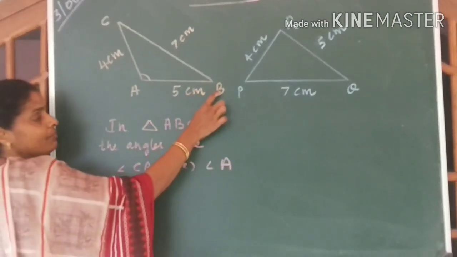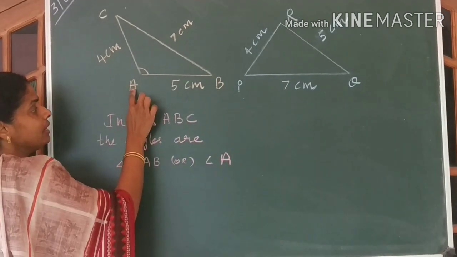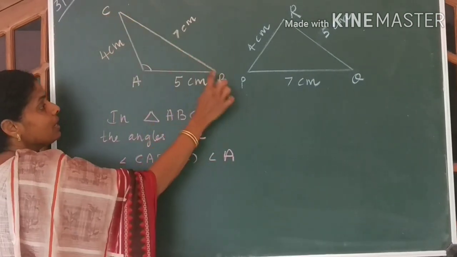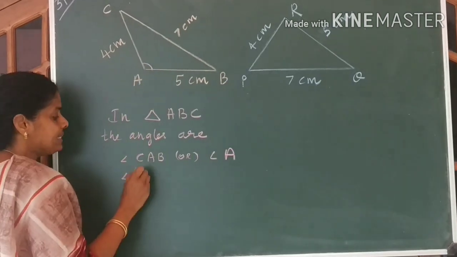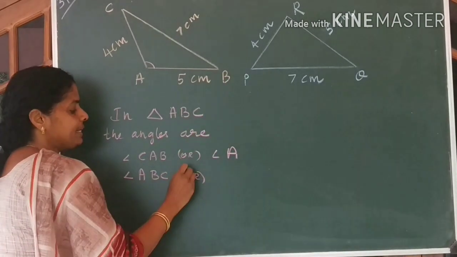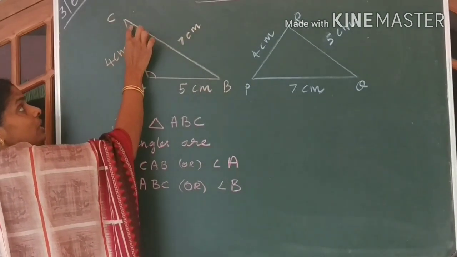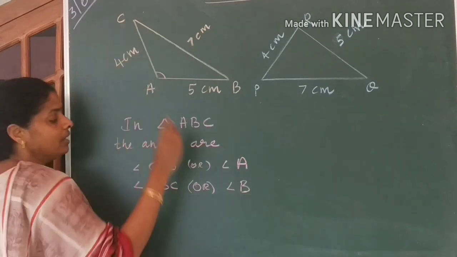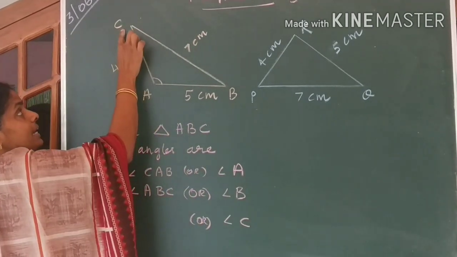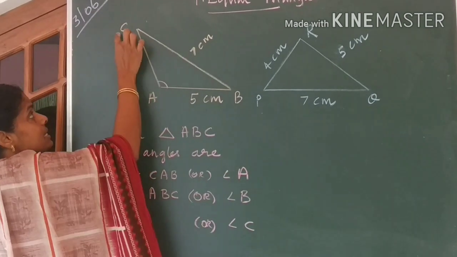Similarly, we can represent this angle as either angle ABC, otherwise CBA. I am writing it as ABC, or you can represent it as just angle B. Again, to represent this angle, either you can write it as angle C, or otherwise you can write this angle name as angle ACB.